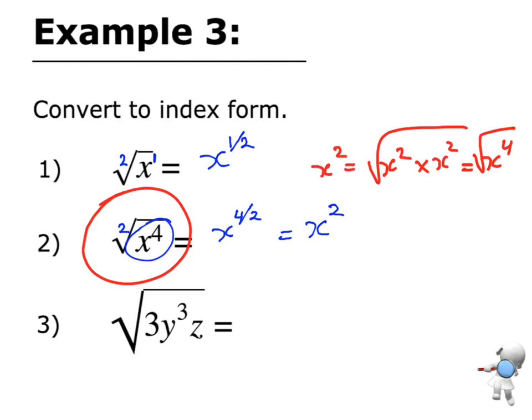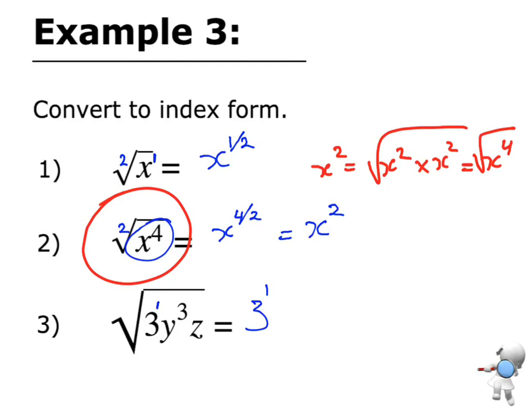Okay. Let's try this last one. So it's got 3 parts to it. So I need to find the square root of 3, the square root of y cubed, and the square root of z. So I've got 3 parts that I need to deal with. So I'm going to take the number first. That's 3 to the power of 1, which we're lazy, we don't normally write, but I'm going to write down that 1.